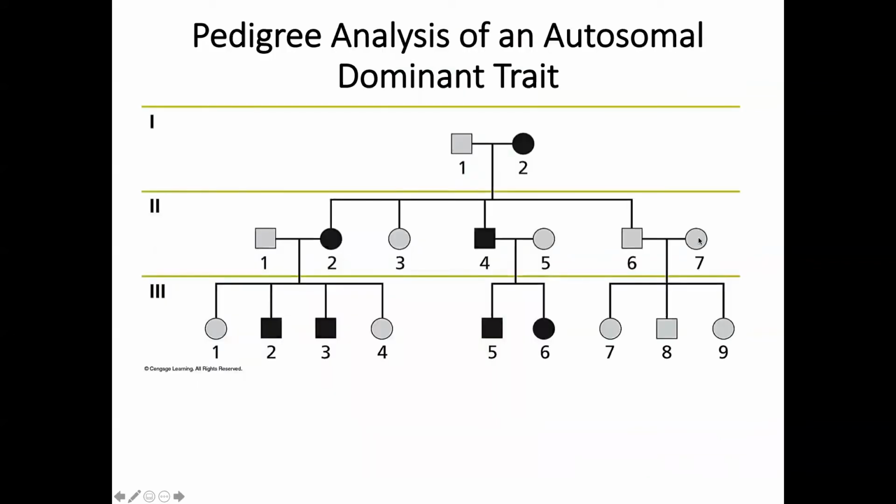The inheritance of autosomal dominant traits can be shown in this pedigree. Will you be able to tell how the disease is inherited by analyzing this pedigree? This pedigree shows many of the characteristics of autosomal dominant inheritance.